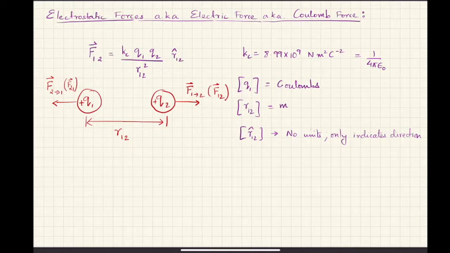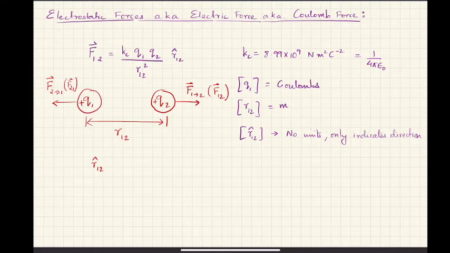And finally, there is this funny object on the side over here, which we call R12 hat, because it has a hat on top. Every other object in this equation is a scalar quantity, except for the R12 hat. Okay, R12 hat is a special name.